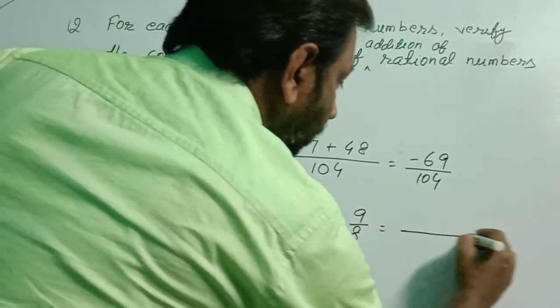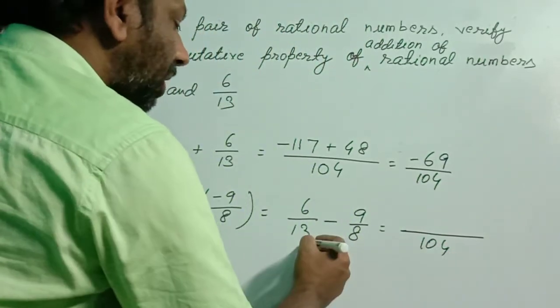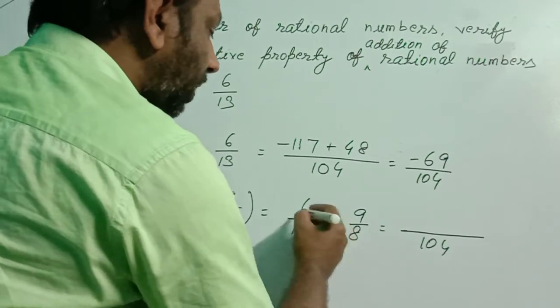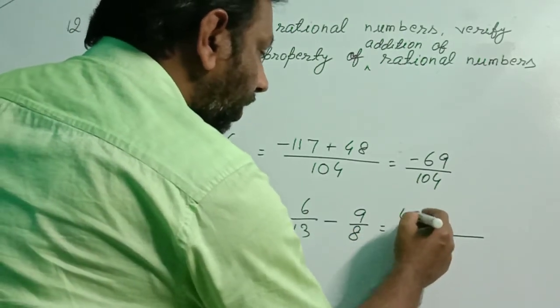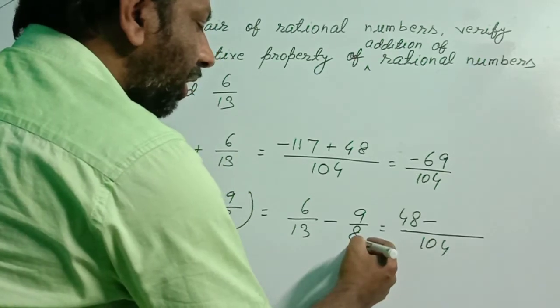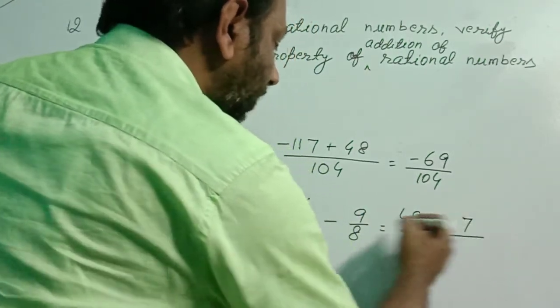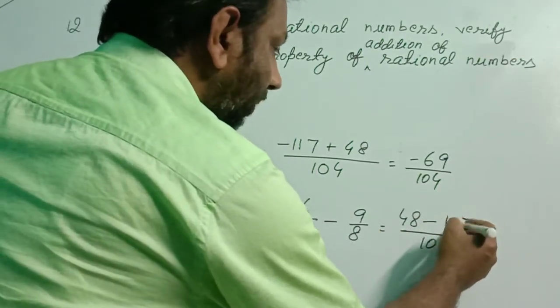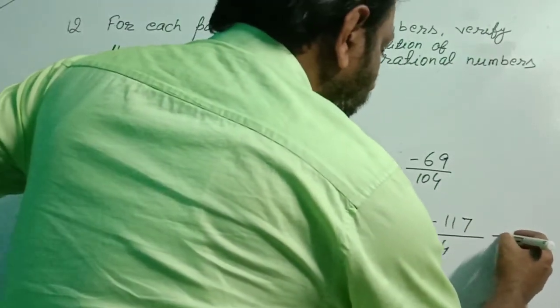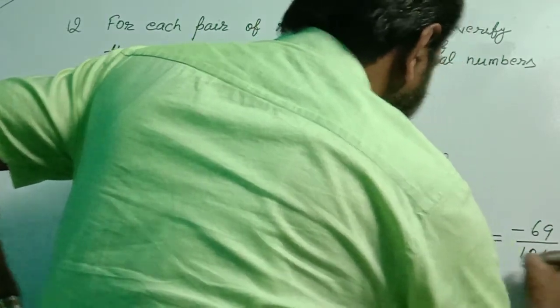So, LCM will be 104 and we divide this LCM by this denominator. We got 8. 8 into 6, 48 minus. We divide LCM by this denominator 8. We got 13. 13 into 9. 9 3s are 27, 2 9 1s are 9 into 11. Now, what are you seeing? We are getting minus 69 by 104.